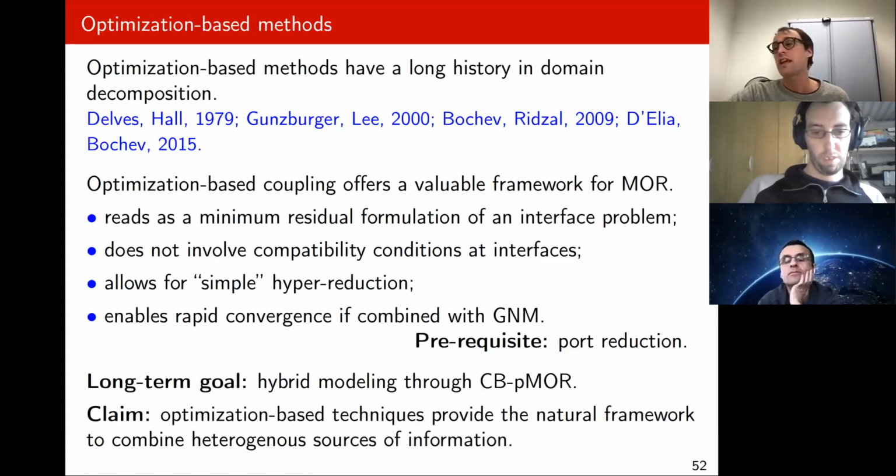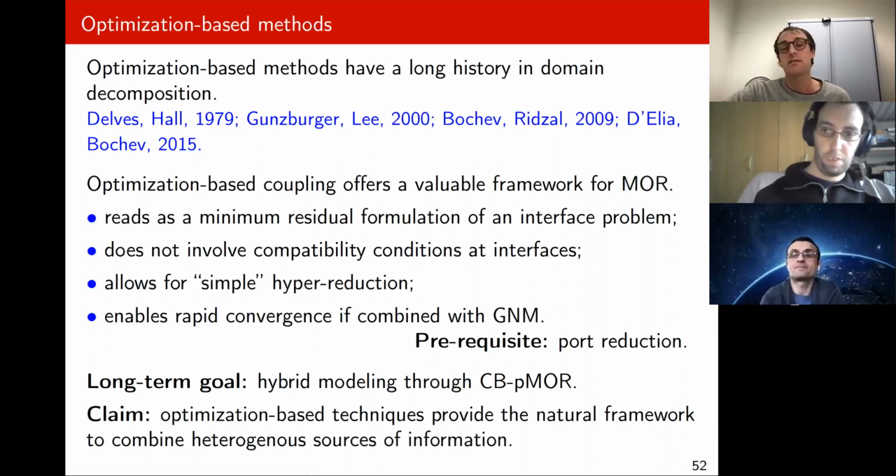So the short answer to your question is yes. One can also try to use, instead of the flux, the solution itself. So I have the port, the solution really, and then minimize the misfit in the normal flux. This is also possible, and I think this is related to hybridized discontinuous Galerkin methods. But yeah, the short answer is yes.